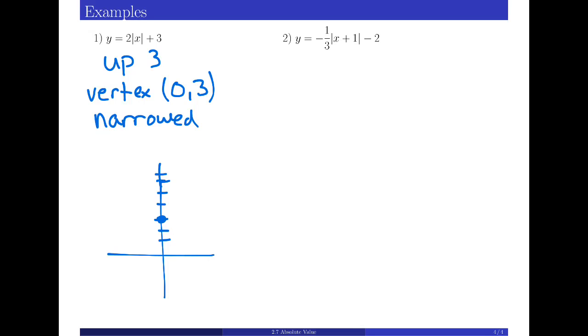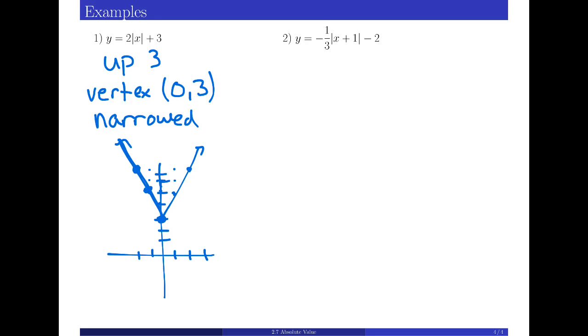So from our vertex, I'm just going to go up 2 and over 1, up 2, over 1, and there's half of our V. And we can do the same on the other side. Up 2, over 1, up 2, over 1, and there's our V on the other side.